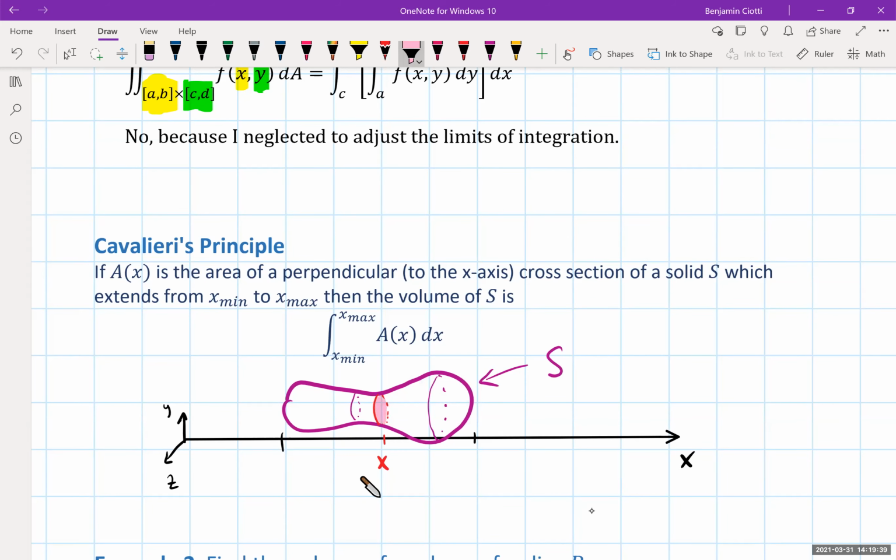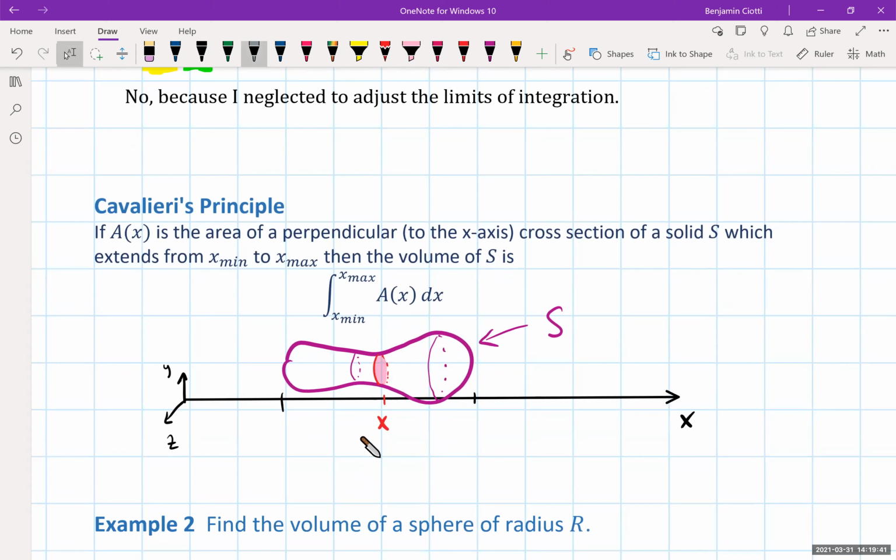There's your cross section in red there. Suppose that it has area A of x, and that cross section is perpendicular to the direction of the x-axis.